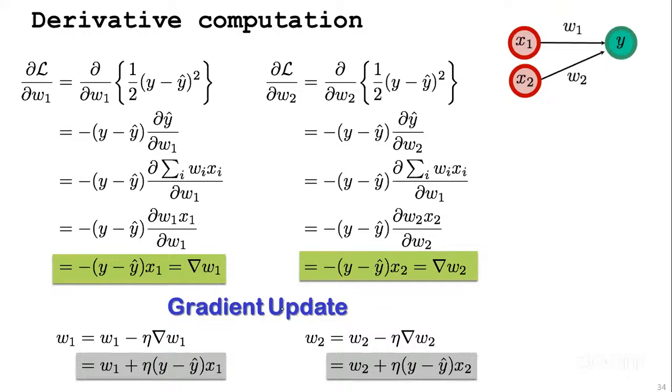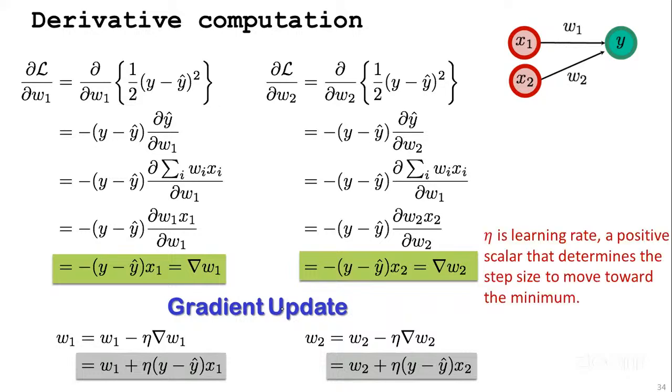Now when we do the update, there is a slight change as compared to the previous slide. Here we have introduced a variable, we call it eta. Earlier I said W1 minus W2, this delta W2, but now there is eta, and this eta is nothing but the learning rate. This is a positive scalar that determines the step size, how you are moving towards the minimum.